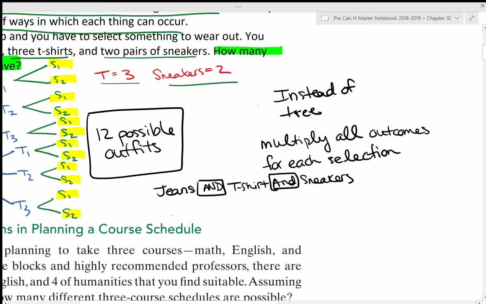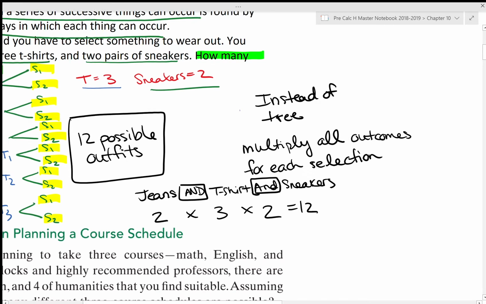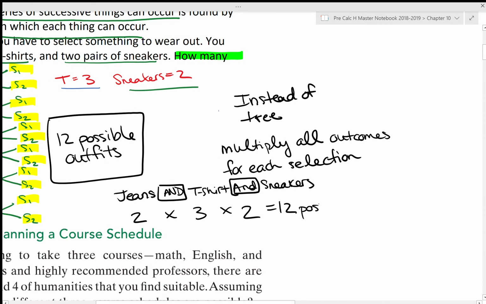So we have 2 pairs of jeans and 3 t-shirts, 2 pairs of sneakers that we could choose from. 2 times 3 is 6, times 2 is 12 possible outfits. Okay? This will work every time, and it saves you all that time drawing that tree.